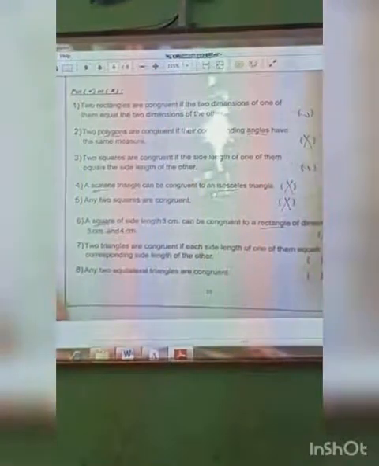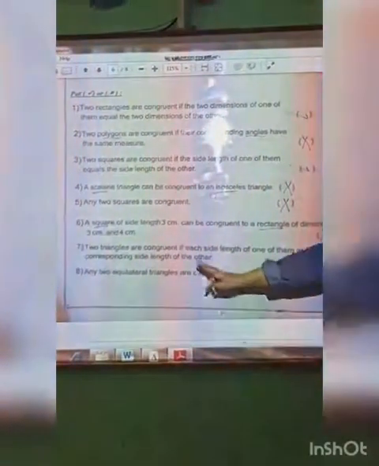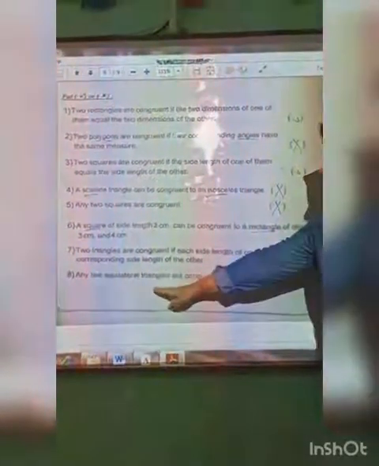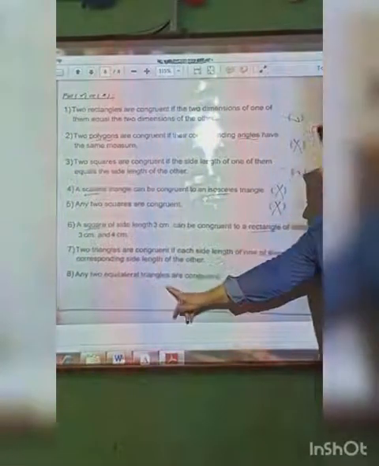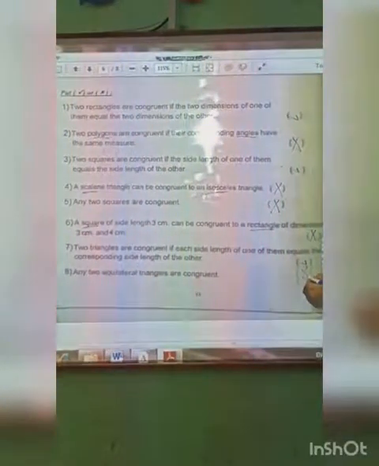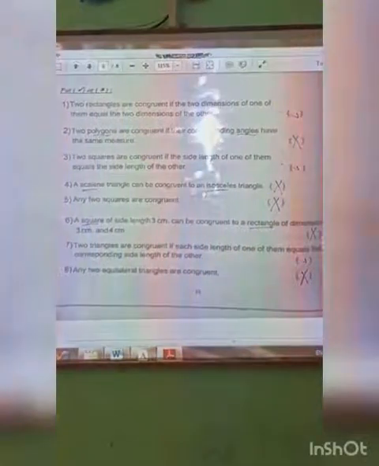Number 7, two triangles are congruent if each side length of one of them equals the corresponding side length of the other. Yes, it's right. The last one, any two equilateral triangles are congruent? No, I need to make sure that each side is equal to the corresponding side in the other triangle.